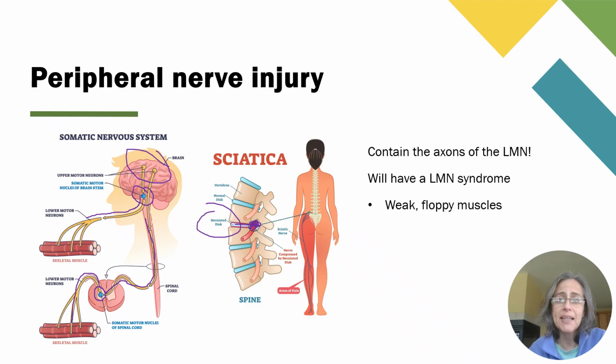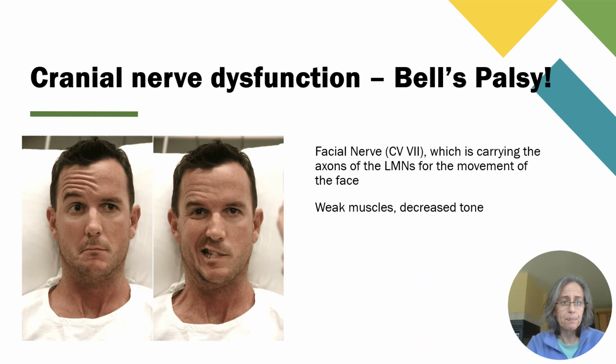Those are the axons of the lower motor neuron that are coming out. So you can get a lower motor neuron syndrome. When we talked about sciatica, we talked about how it can cause pain and sometimes weakness. So if the impingement or pressing on the nerve root is severe enough to interfere with the motor axons, then you're going to get this lower motor neuron syndrome.